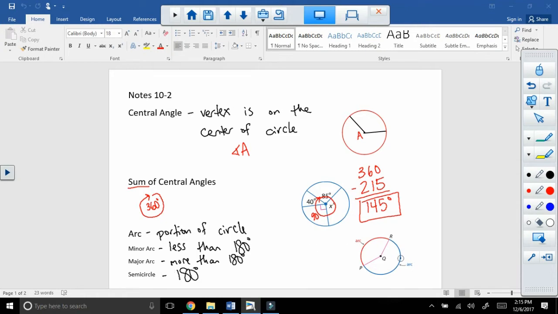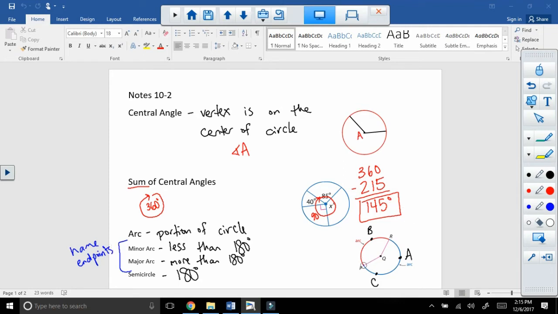I'm going to put a couple more points on here, and you could add these on too, because I need to teach you how to name the arcs. For minor arcs and major arcs both, the name of the arc is the two endpoints. But we need some sort of way to distinguish which side we're going around.